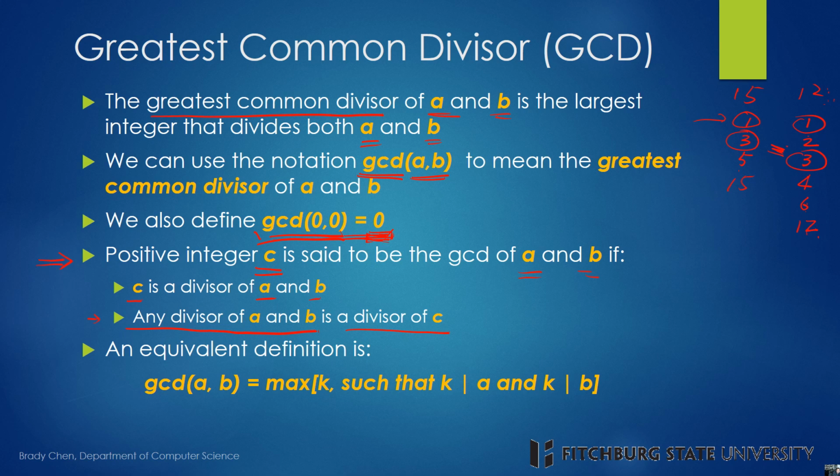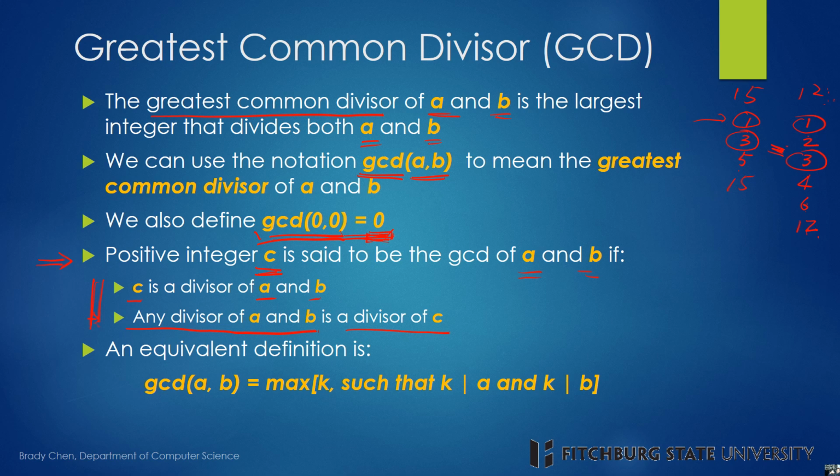Now if these two conditions are true, then we are pretty sure that c is the greatest common divisor. Let me say it again. A positive integer c is said to be the greatest common divisor of a and b if, number one, c is a divisor of a and b, and number two, any divisor of a and b is a divisor of c.